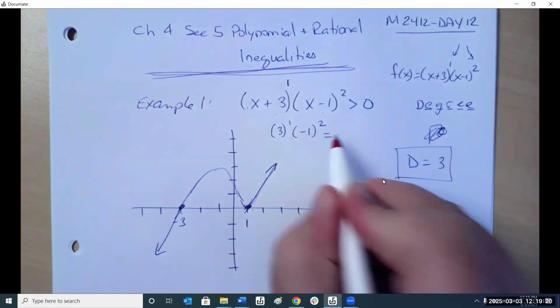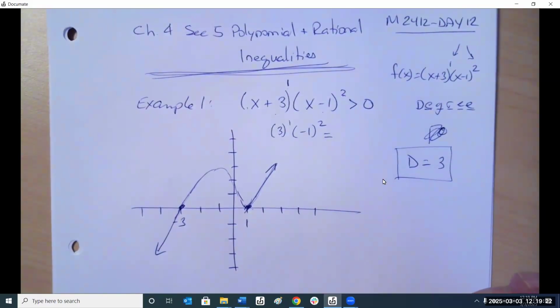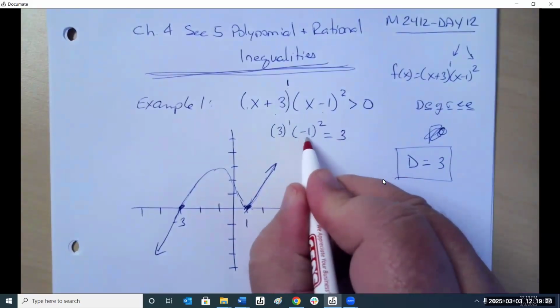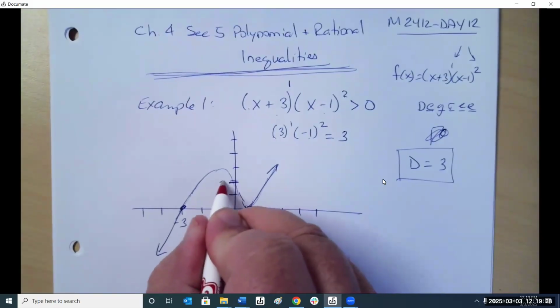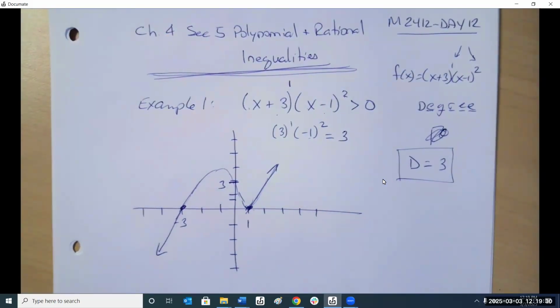What does that equal? -1 squared is +1 times 3. So we know it crosses at 3. Okay, so now we graphed it, but have we answered the question yet?